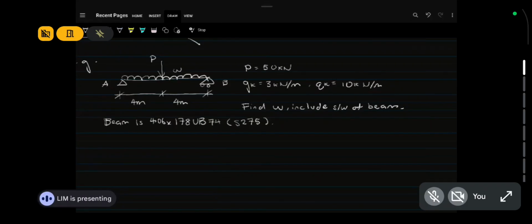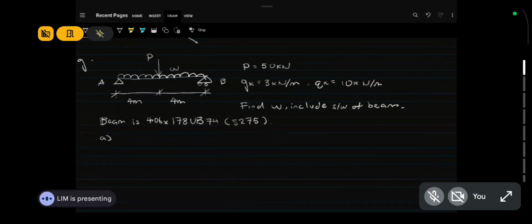So beam is this 406 by 178 UB74 S275. The beam is fully restrained.